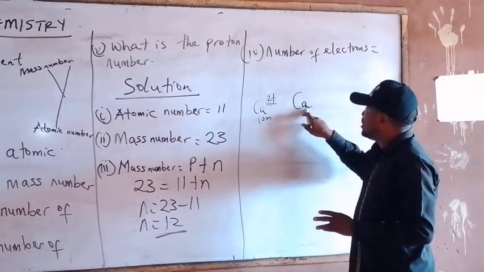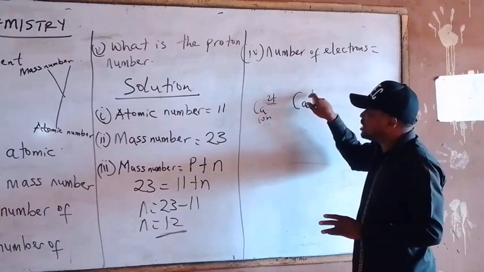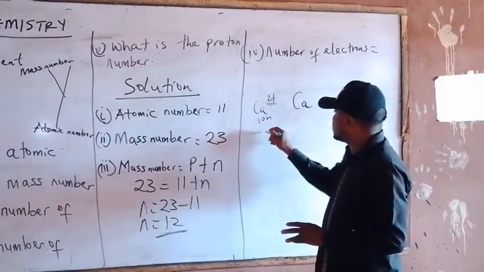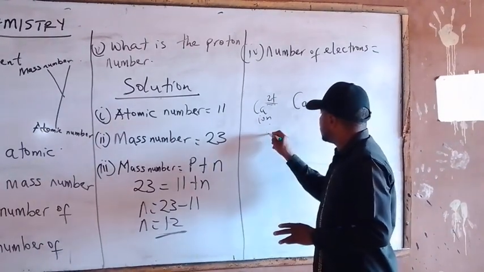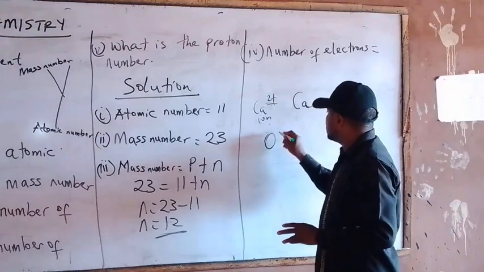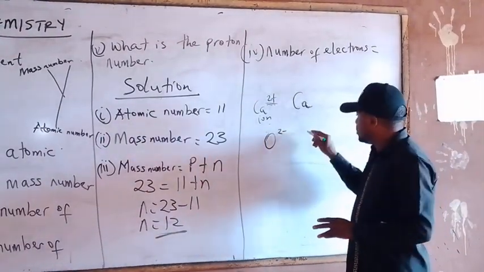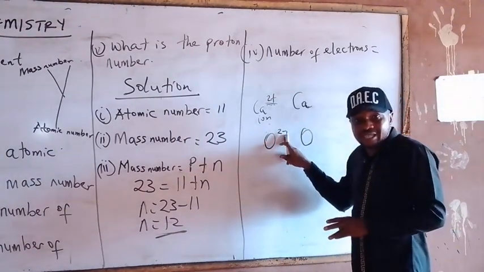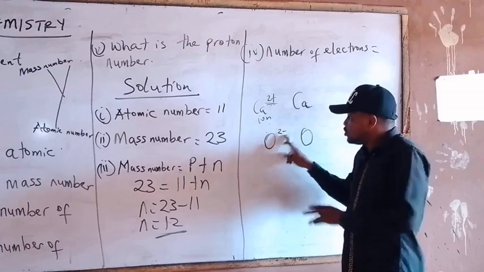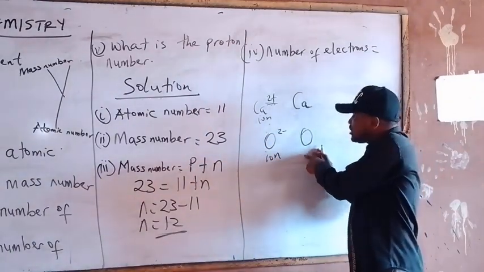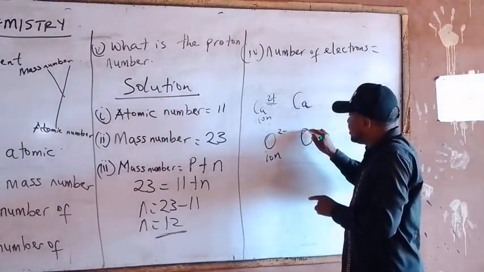This one, the same calcium, does not possess charge, so this is a neutral element. Let's say something like this oxygen. This one possesses charge, so it's an ion. This oxygen does not possess charge, so it's a neutral element.